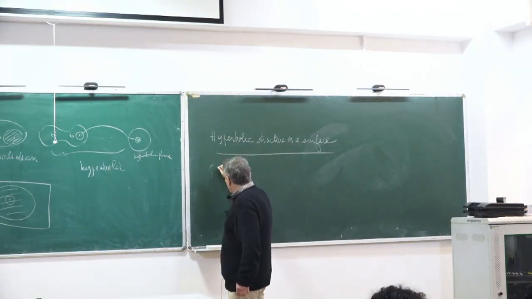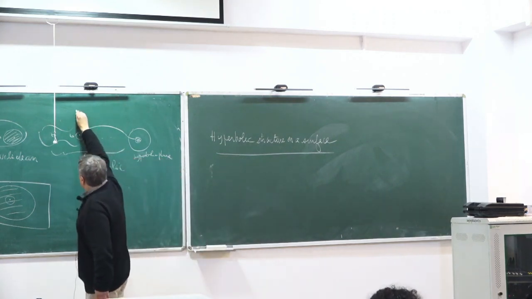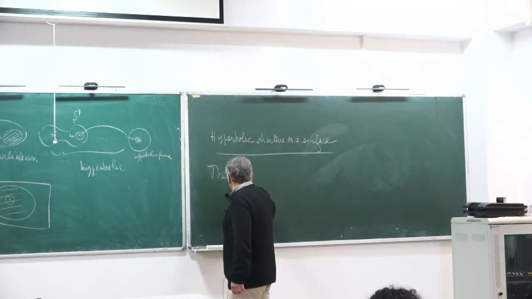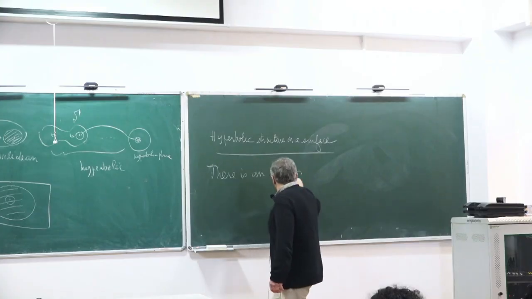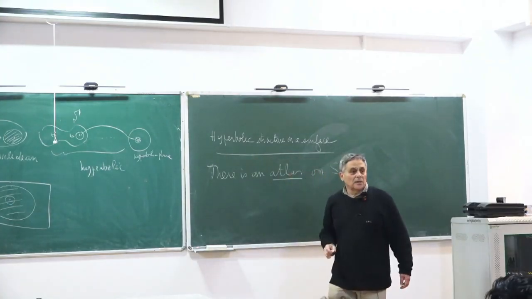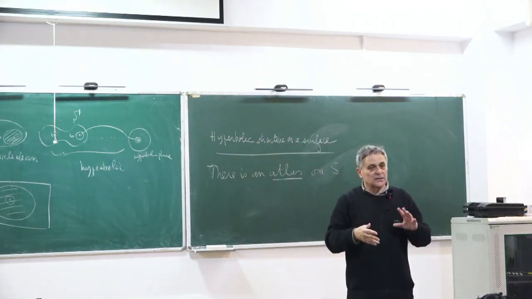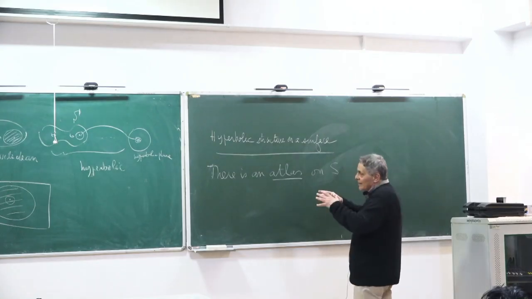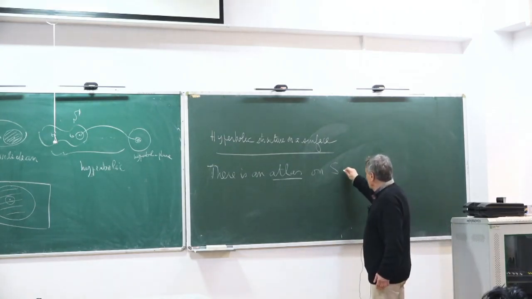Let's say this is my surface S. There's an atlas on S. What is an atlas? It's a set of maps which cover the whole surface, right? Like an atlas of the world.